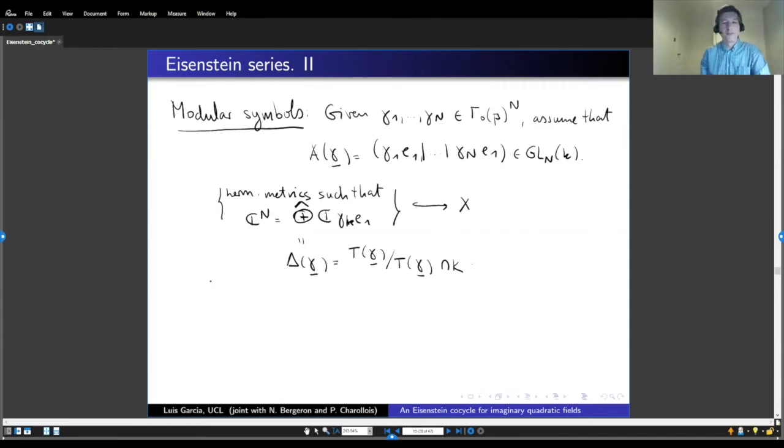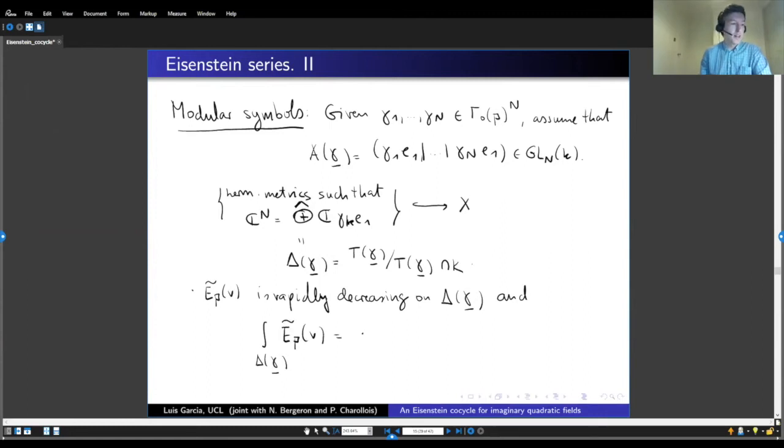Right. So the point of the smoothing is that this series is rapidly decreasing on delta gamma. And because of what I said about the Eisenstein series having vanishing constant term at certain cusps, when you integrate it on this, you obtain our cocycle.